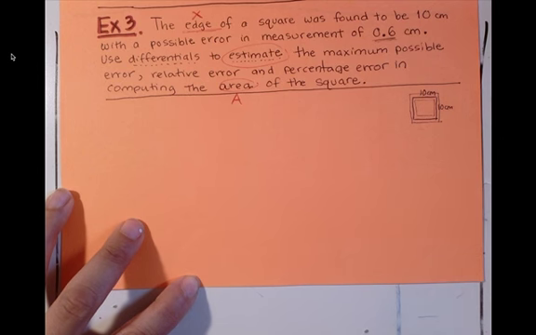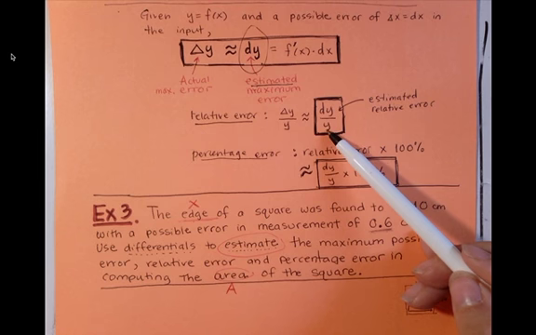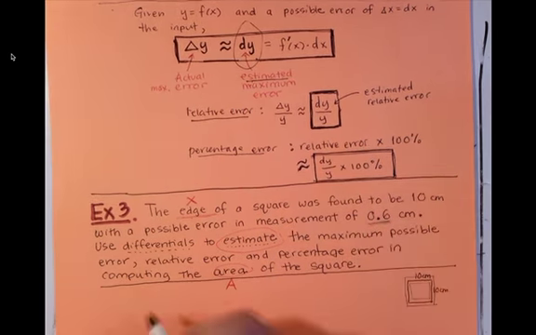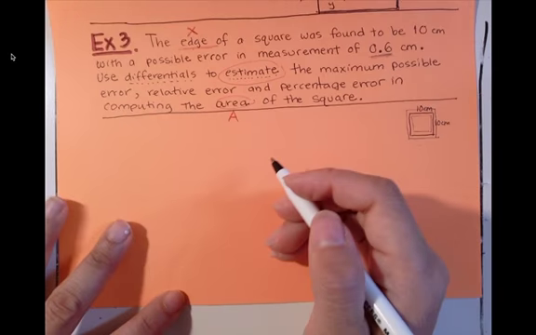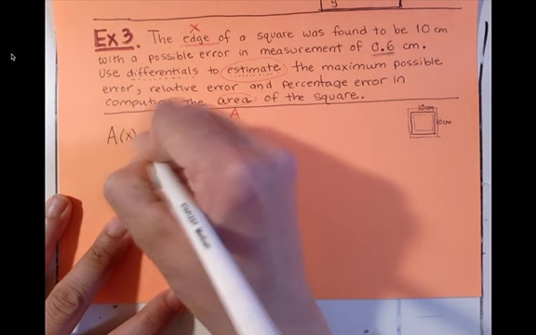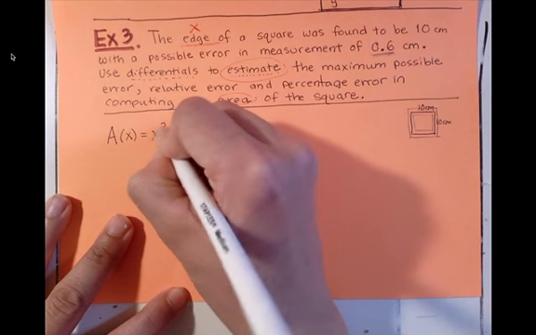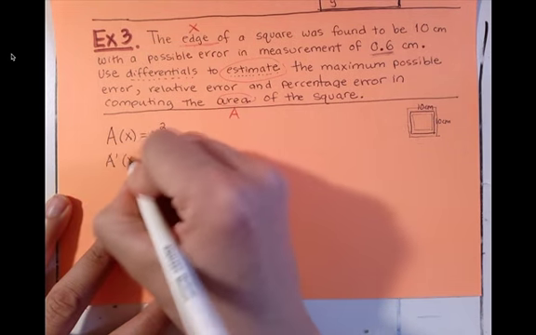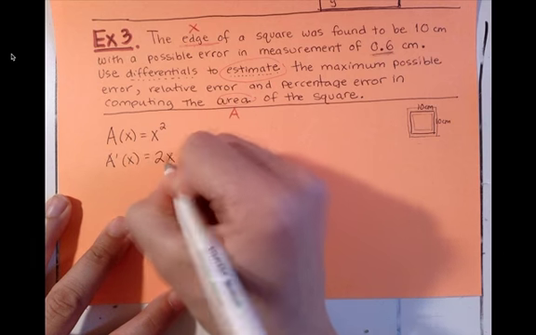The first thing I'm going to note is that the function, what would correspond to y in these formulas, is the area function, which I'm going to call A. Area is a function of the edge length, and it's just equal to x squared. Now the derivative of the area function is just 2x.